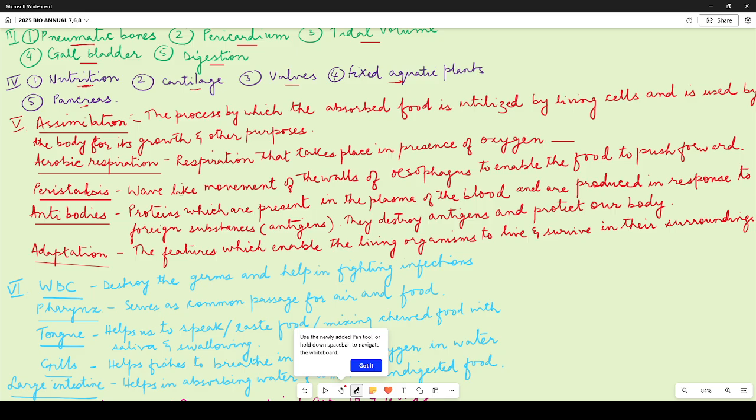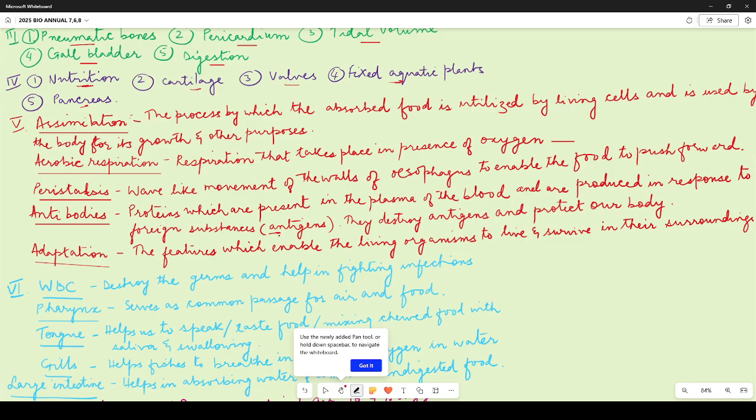What is peristalsis? Peristalsis is wave-like movement of the walls of esophagus which helps the food to be pushed forward so that it can reach the stomach. What are antibodies? Antibodies are proteins which are present in the plasma of the blood and are produced in response to foreign substances. What are these foreign substances? Antigens, right?